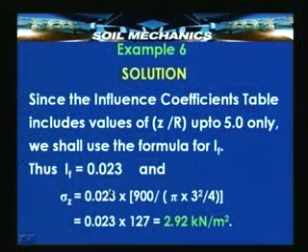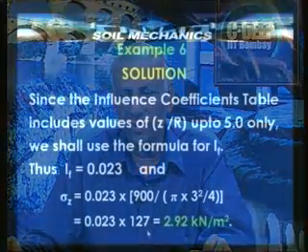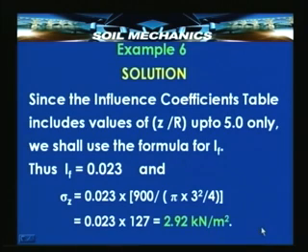So, with this it is possible to compute influence factor, and you can get the influence factor as 0.023 and the stress as 0.023 into the load per unit area, which is 900 by pi d square by 4, which is in fact equal to 127. This will give you a stress of 2.92 below the center of the loaded area at a depth of 10 meters.